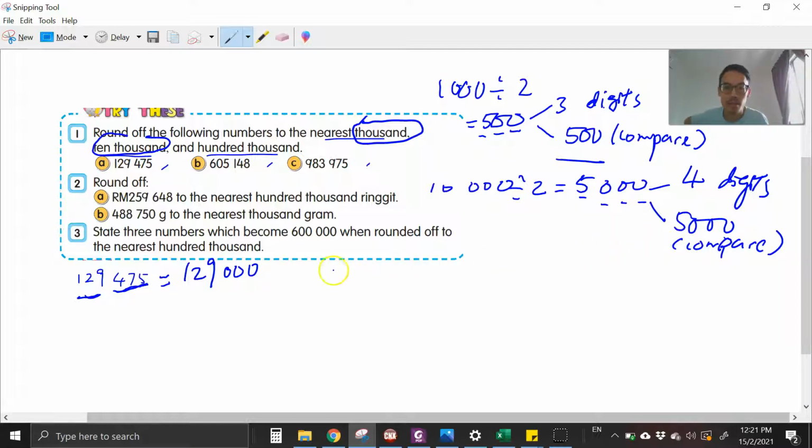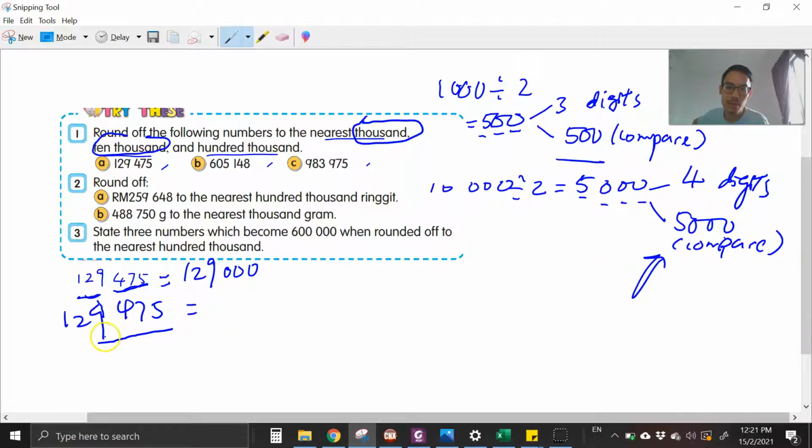Okay, now let's look at the question again. The question is 129,475. So firstly, you underline the last 4 digits. Okay, so the last 4 digits is 9475. And then you compare with the 5,000. Is it bigger or smaller?